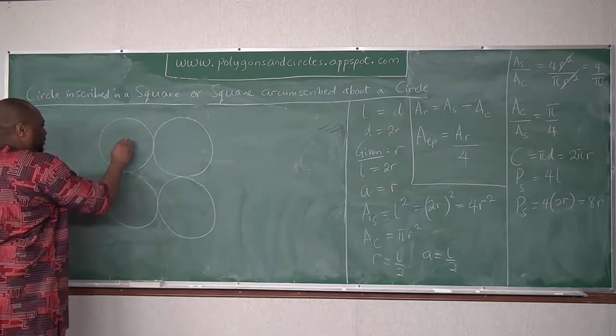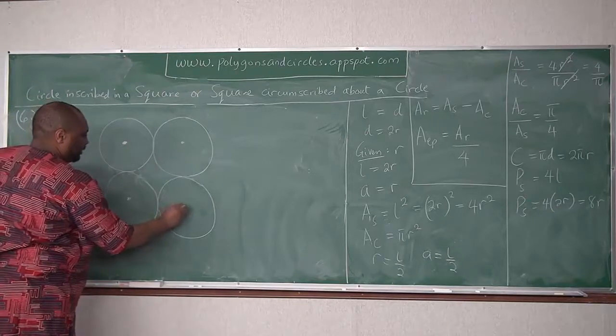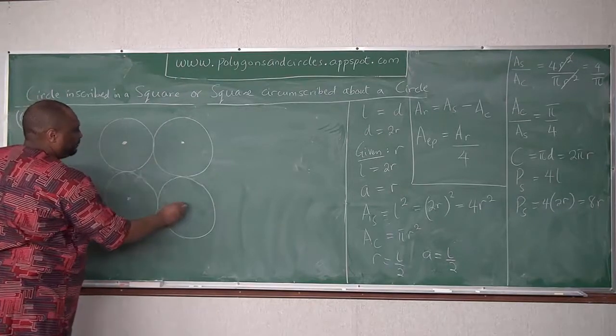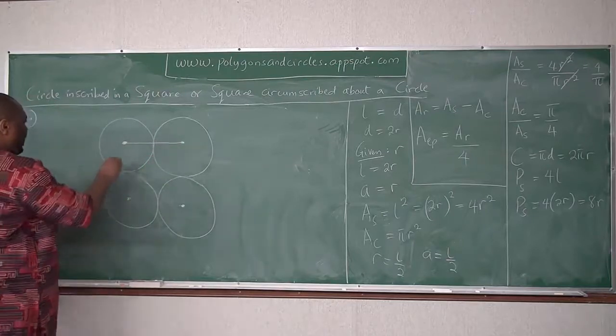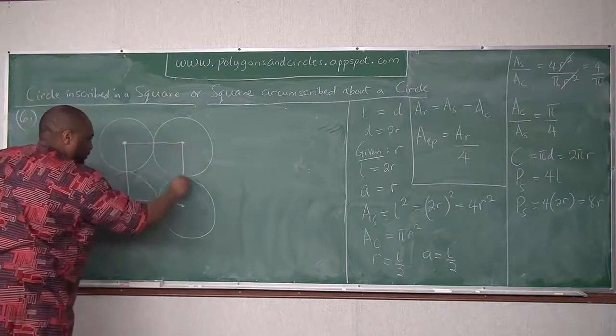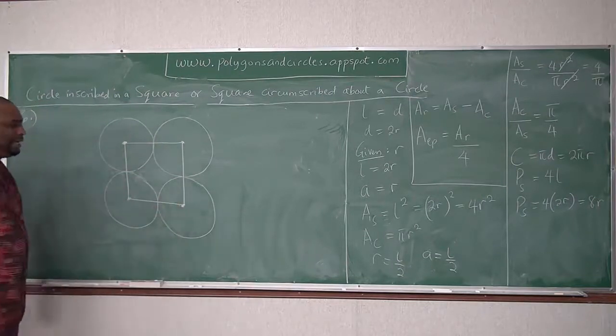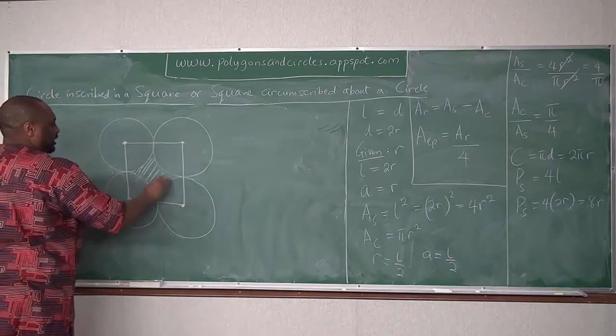These are congruent circles, okay? In as much as I probably didn't draw it right, but you know what I mean. These are congruent circles. So you have a square. And then they shaded this part here.